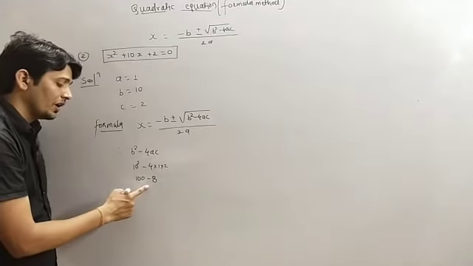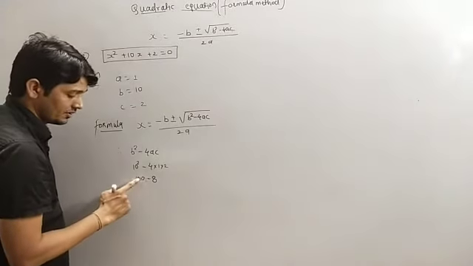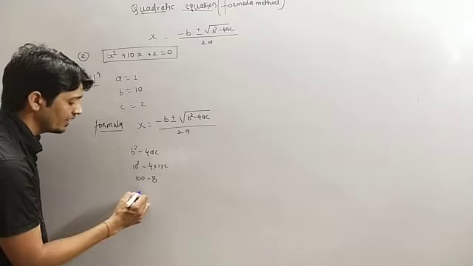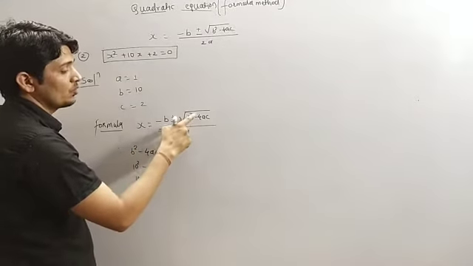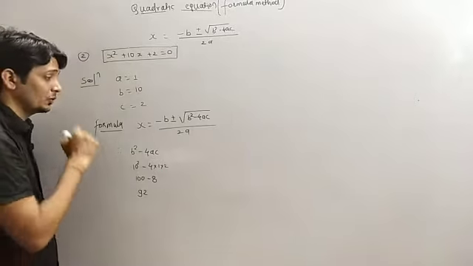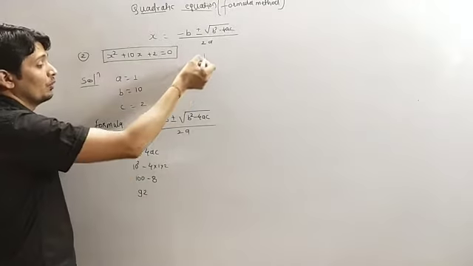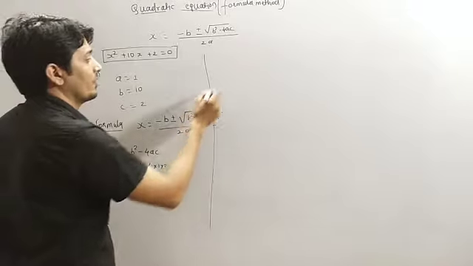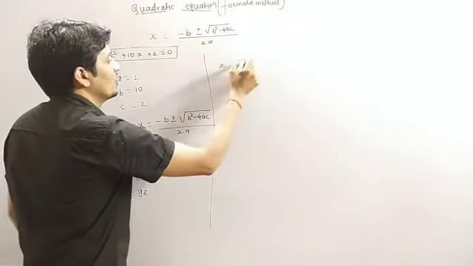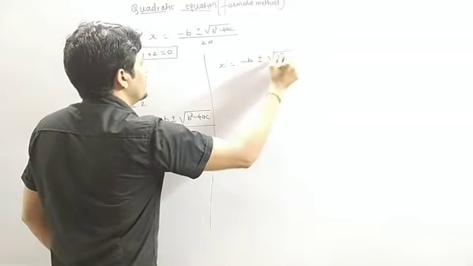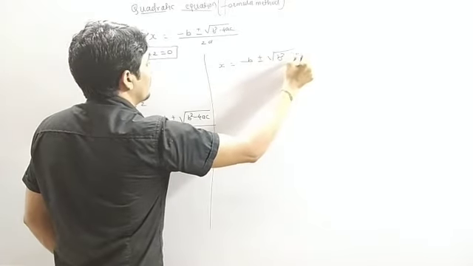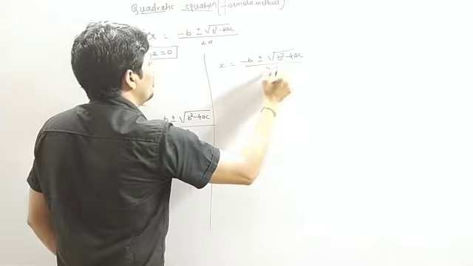Okay, so if we subtract 8 from 100, we will get 92. So here the value of b square minus 4ac is 92. So we will apply the whole formula now. So we have x equals to minus b plus minus root b square minus 4ac upon 2a.